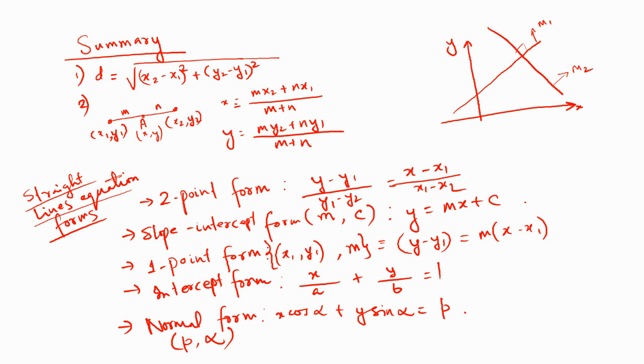We know there is a very general relation between this m1 and m2, so let me discuss that. Let's say the first straight line, which has a slope m1, is at an angle of theta 1, and the other straight line is at an angle of theta 2. Then tan theta 1 times tan theta 2 will be m1 times m2.